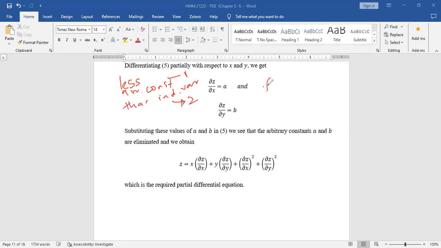For example, my equation is like this: f of x, y, z, a is equal to 0. This is very easy, no? One derivation is enough. I'll give you one example to try: z is equal to ax plus y. Can you find the equation? One or two steps is enough.